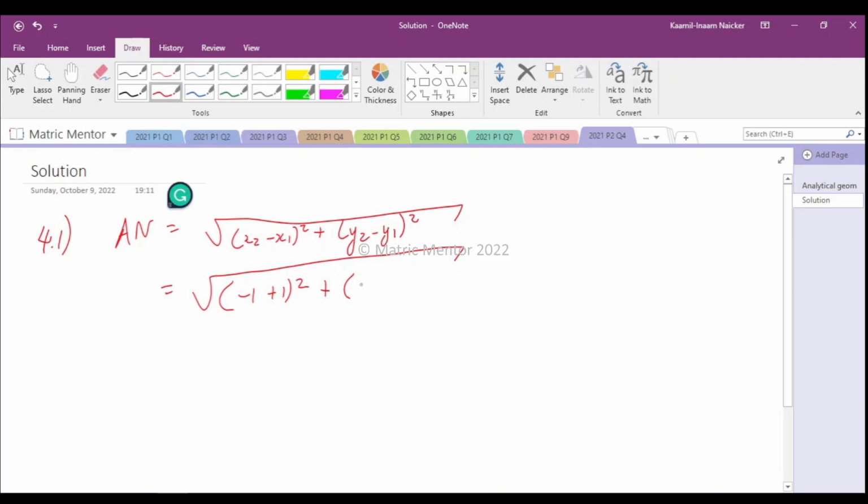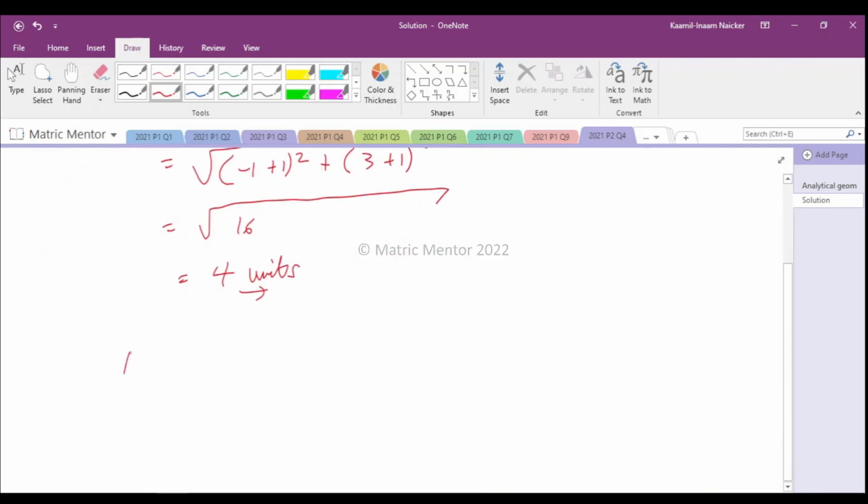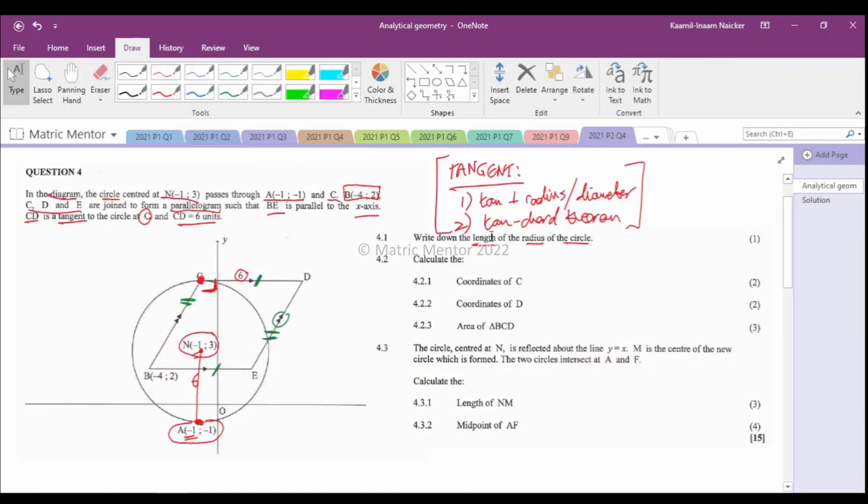So that becomes 3 plus 1, squared. So that gives me the square root of 16, which is just equal to 4 units. And so therefore you can say radius equals 4 units. Okay, so I always like to go back and double check that I've answered the question, write down the length of the radius. Yes, we have done that. And you can see it's only for 1 mark, so I'm not expecting to do anything too difficult.